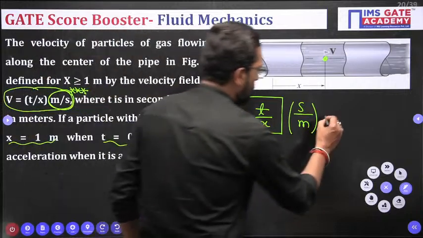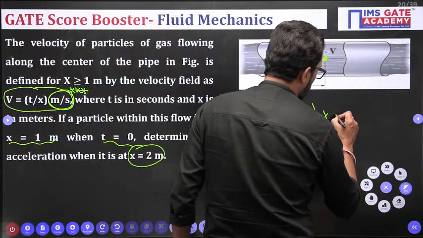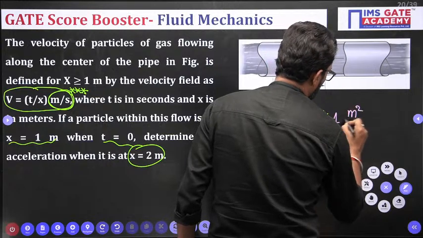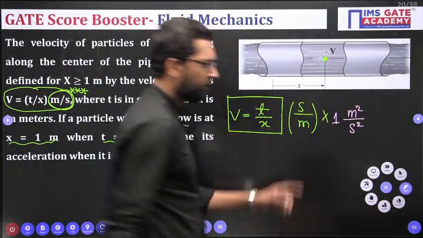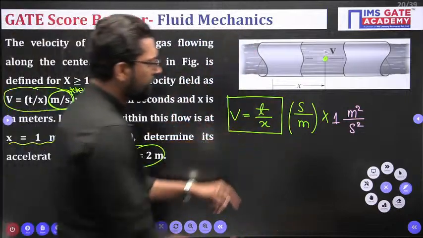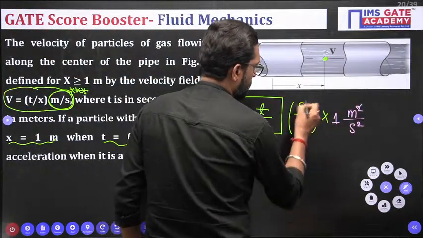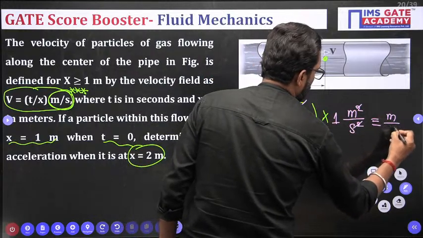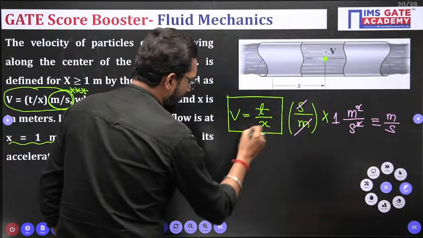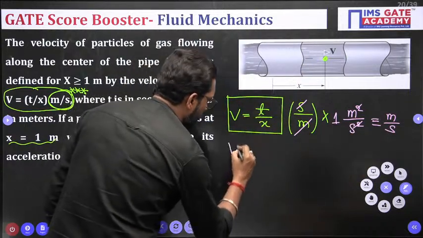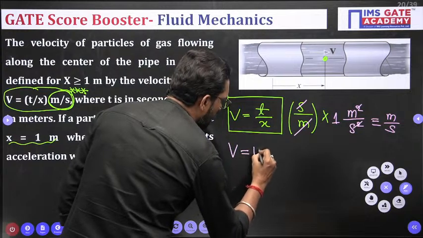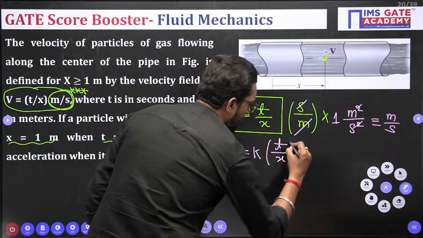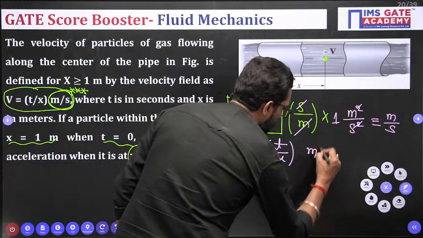Now if you multiply by a constant term, let's suppose any constant 1 meter square per second square, then the meter cancels, the second cancels. So what is the unit? Meter per second. So V is equal to any constant K times t by x, and this is given in meter per second.